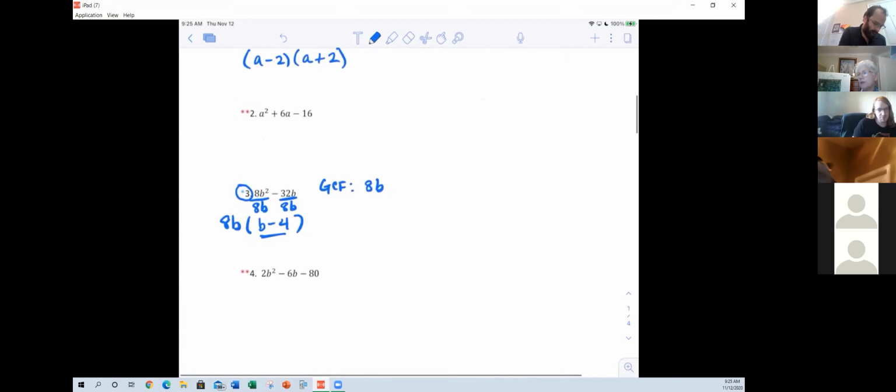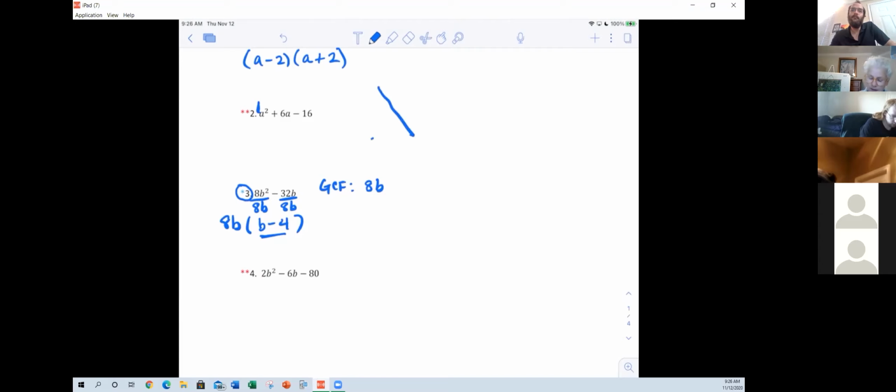So remember that if the leading coefficient is 1, then all you have to do is come up with two numbers that multiply together to give you the negative 16 and add together to give you the 6.